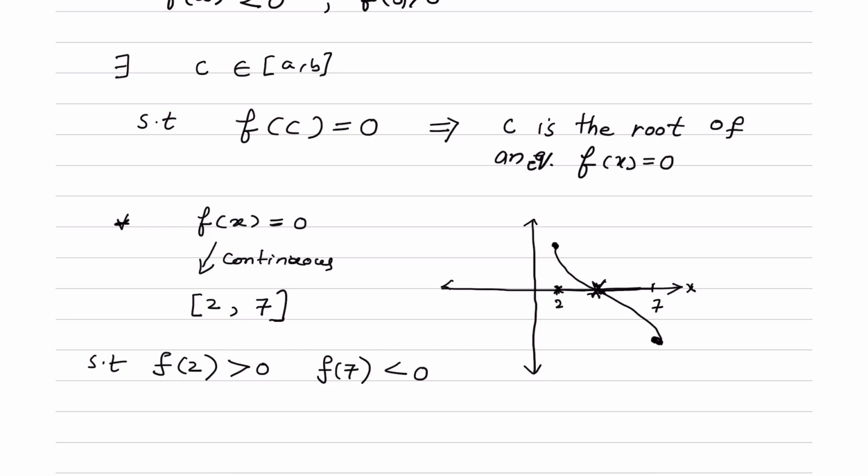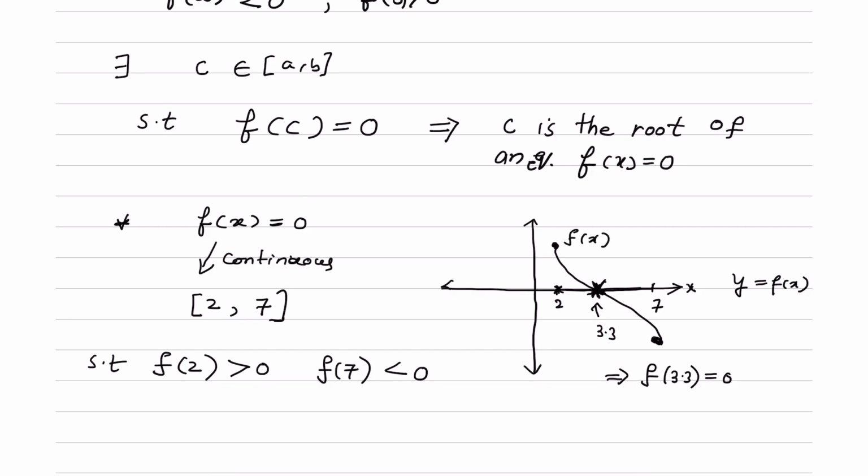Let's say this point is 3.3, suppose. Then since this graph is cutting the x-axis at this point, we can say that the value of the function at 3.3 is 0, because on the x-axis all y values are 0 and y is also taken as f of x. So here we had the graph of f of x.